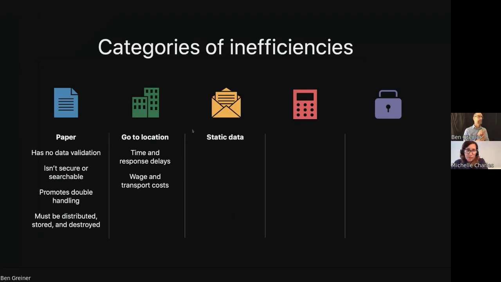Okay, the next category is static data. Static data could be outdated information. A good example of this is before we had VisionBot, most everything computer technology equipment related was in an Excel sheet or a spreadsheet.